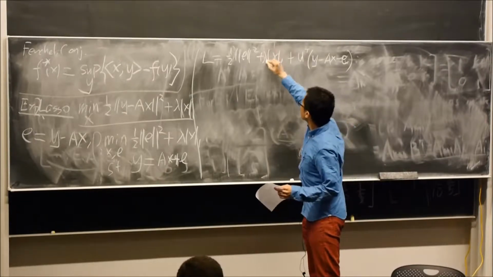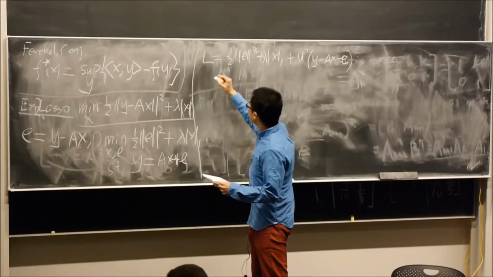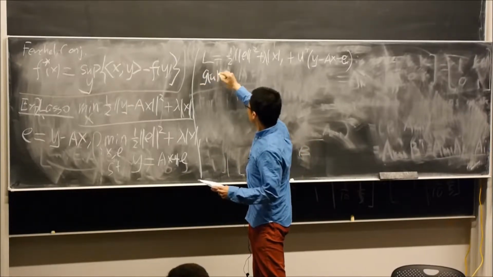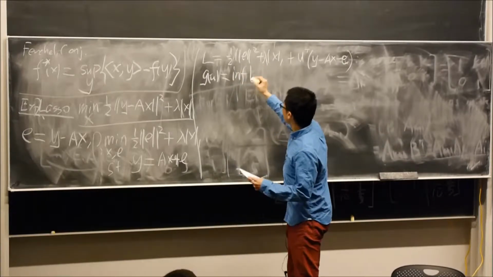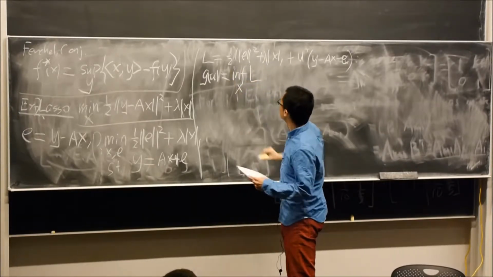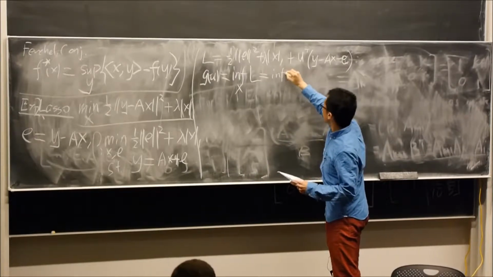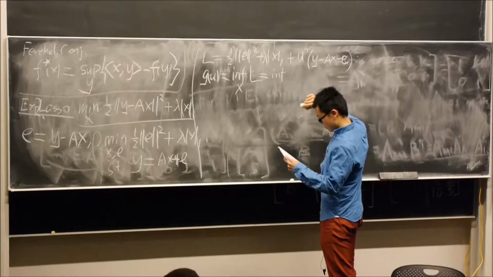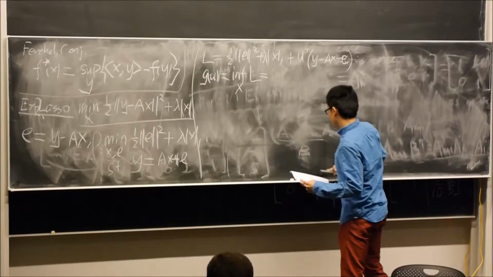Yeah, there's a lambda. Thanks. So g(u) is equal to the inf of L over all x and e. What is that? Let's look at it this way.